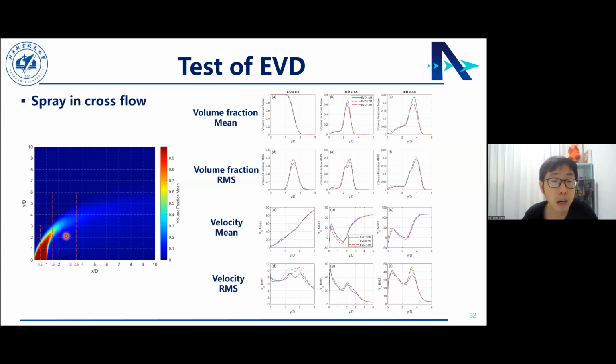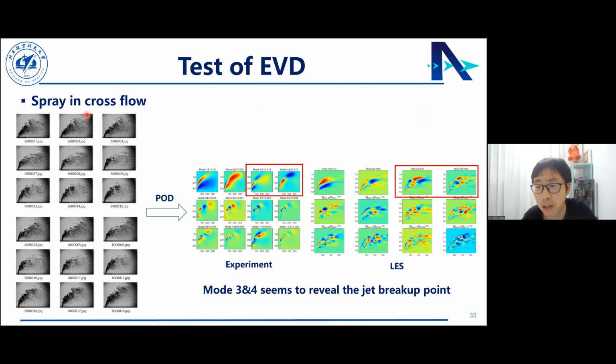And then we do the subsequent analysis by the low order POD analysis. This is the experimental result, from our experimental pictures. We collect them and then do the POD analysis. We get from mode 1 to mode 12, and then we compare with the POD of our LES results.